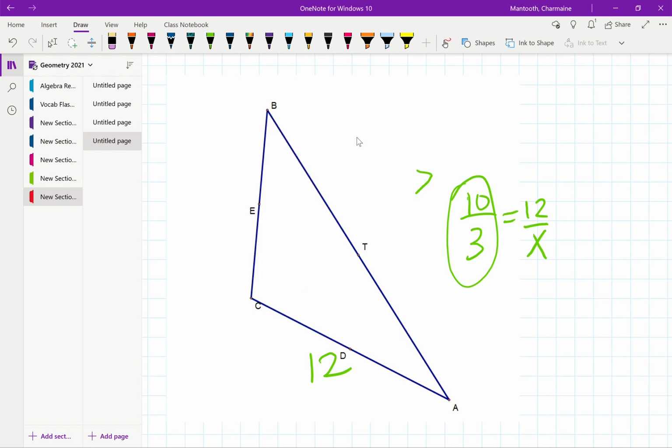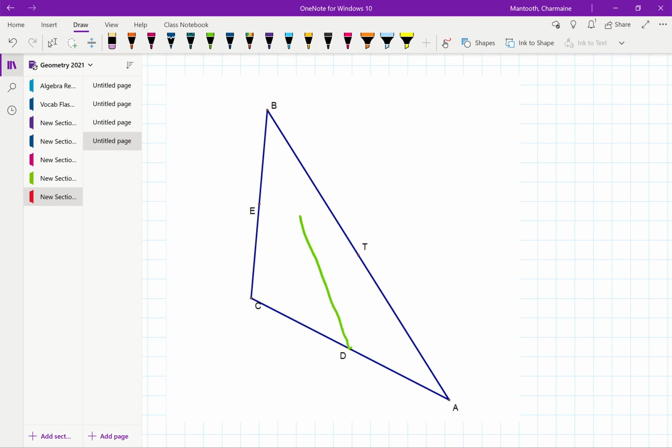Then the third line that we did was the one that produced the center of balance, or the centroid, and that was connecting a midpoint to a vertex.